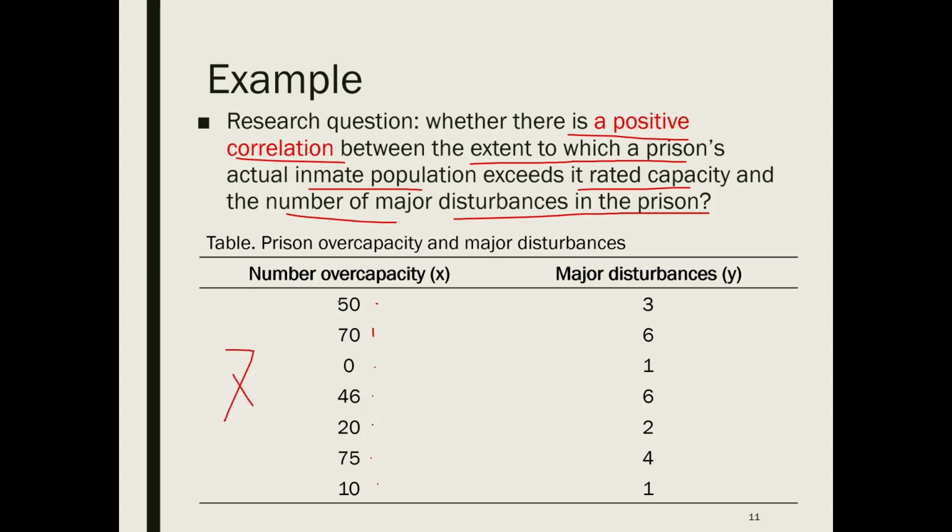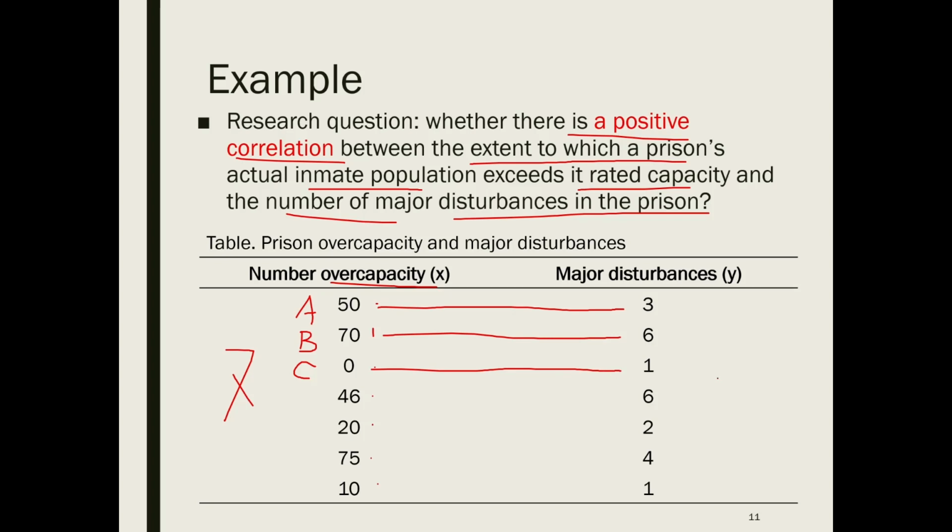Each prison has a number of overcapacity and a number of major disturbances. For prison A, it put 50 more people in the prison, and it has 3 major disturbances. For prison B, it put 70 more, and it has 6 major disturbances. For prison C, it doesn't have any overcapacity, but it still has 1 major disturbance.